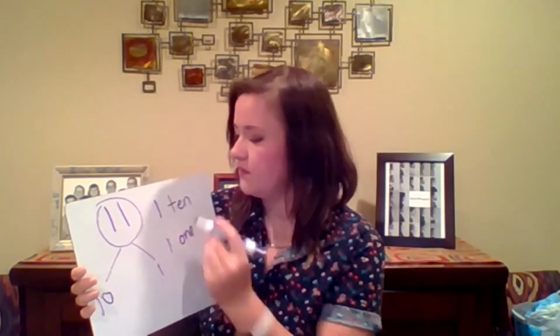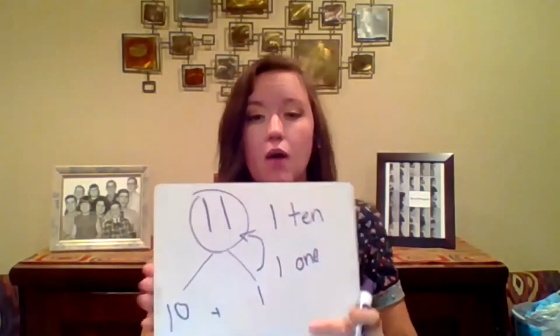So all we do is break it up into tens and ones. So right now, when we see our 11, we know that it has 1 10 and 1 1. Because when you add 1 10 and 1 1 together, you get 11.